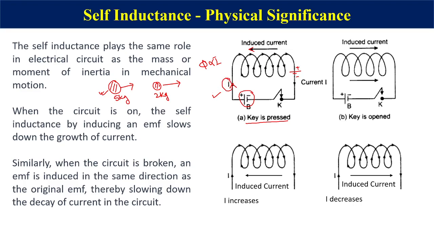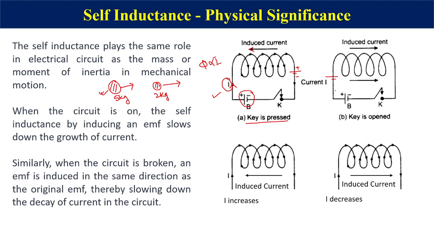Quite similar to this, whenever the circuit is off, the circuit key is open, in that case the current I sharply falls off to 0. However, because of the induced current, it doesn't allow this phenomenon to happen. That means it doesn't allow the current to fall off to 0. In this case, induced EMF plays a supportive role.